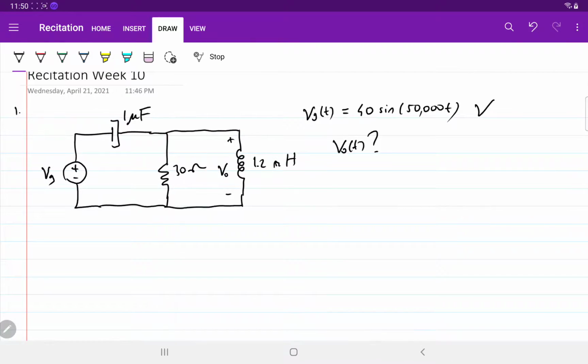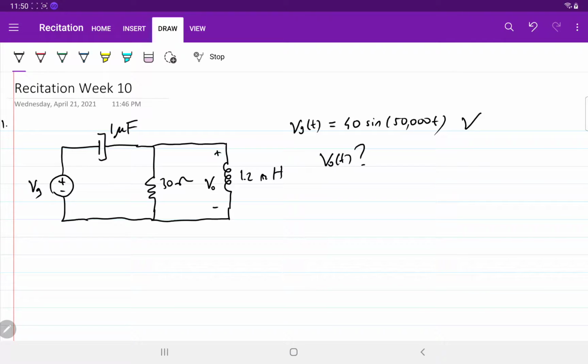Okay, so you might be wondering why we call it steady state analysis, since we have time varying voltage, for example, right here. It's because we assume that the frequency, which is right here, omega, is fixed.